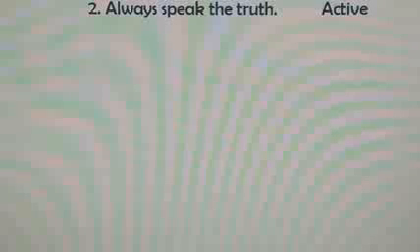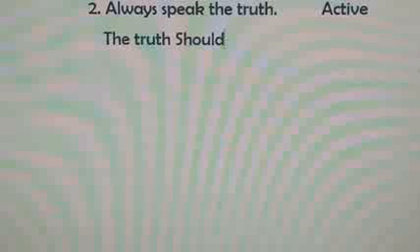The passive will be: the truth, because the truth was the object in the active form. So now we need to take the object first in the passive. The truth should. Then we need to add always, because it will arrange the sentence properly.